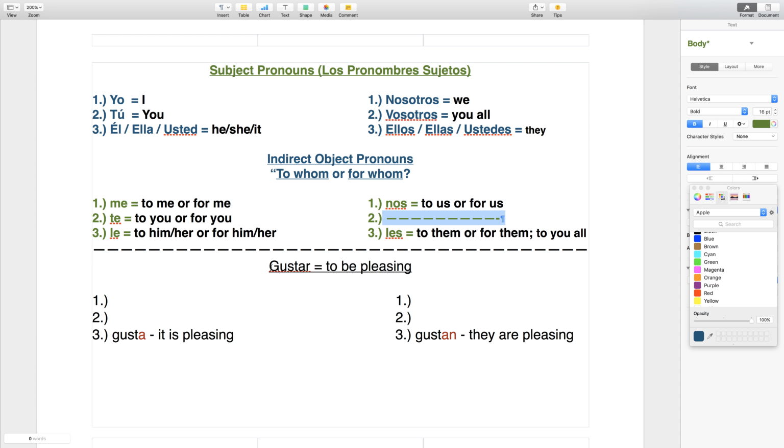Okay? So we're going to use a verb that we're familiar with at this point, gustar, to be pleasing, and show you some examples, and hopefully by looking at the examples you will get it. So the verb gustar does not actually mean to like. A lot of people think it means to like because that's the way we translate it. One of the things I want to make sure we understand moving forward is that when we're translating languages, we have to think in ideas instead of just words.